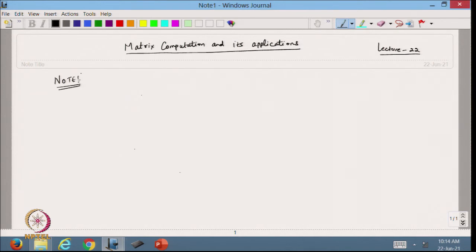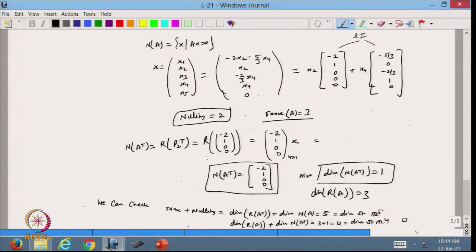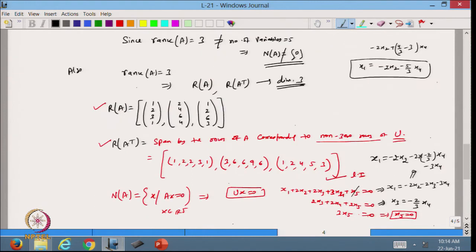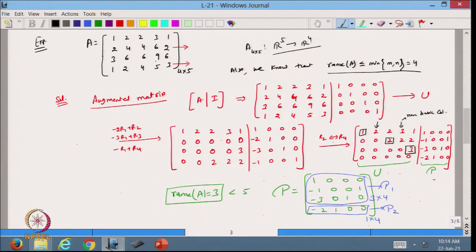If you remember, in the previous lecture we discussed one example and the range of the given matrix. This was my matrix, and we discussed the range space of A and the range space of A transpose.